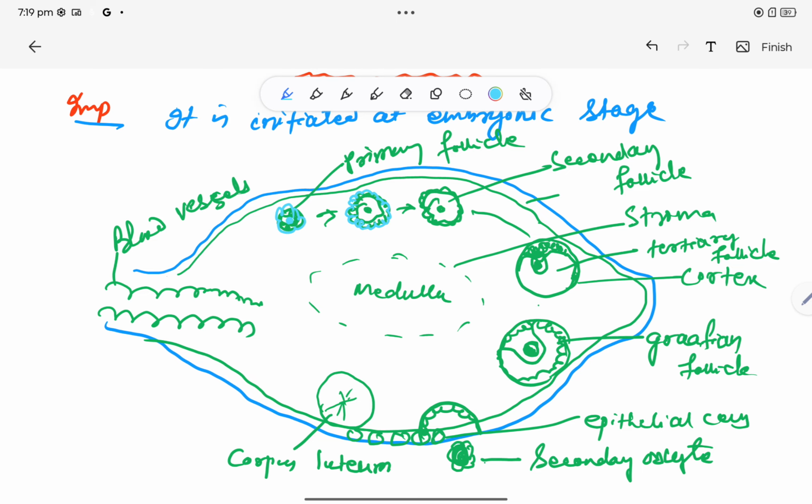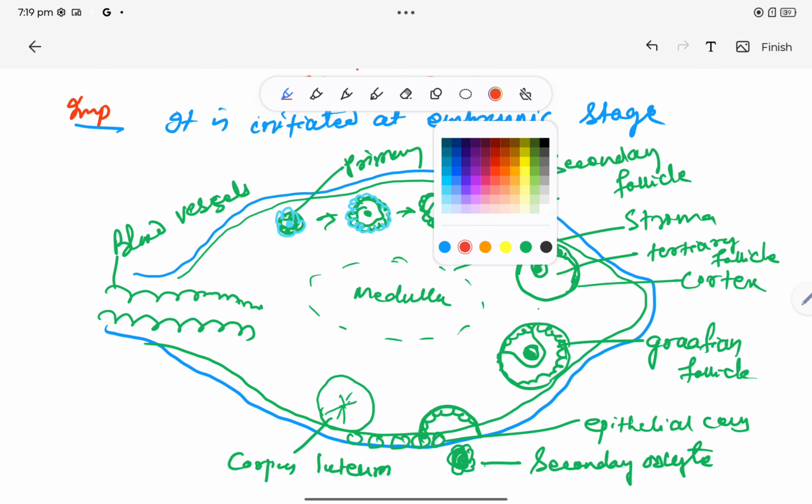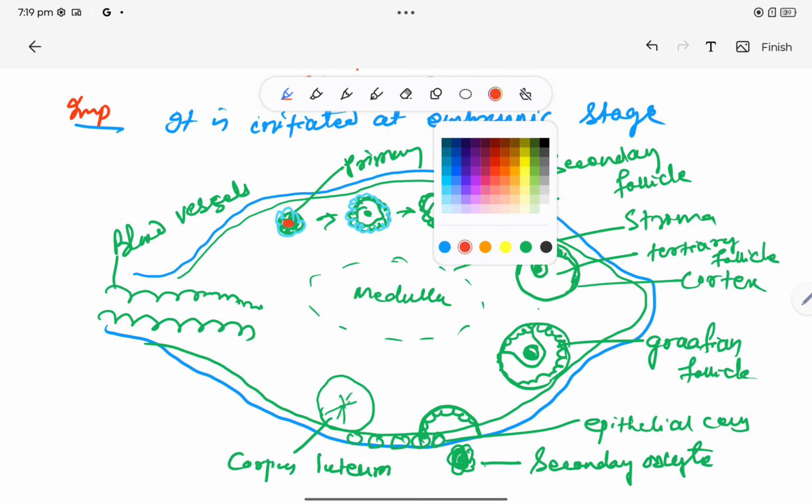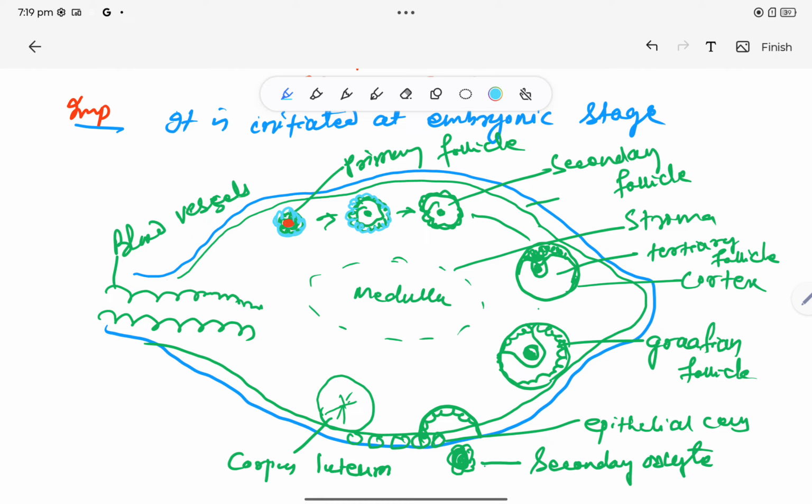This is the primary oocyte and the surrounding cells are follicular cells. So it forms the primary follicles. These primary follicles are present at the time of birth, and the primary oocyte is present inside the primary follicle.